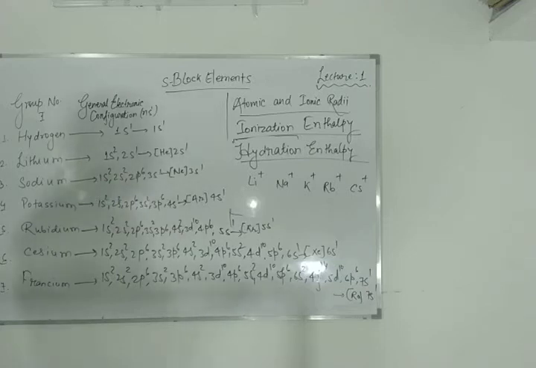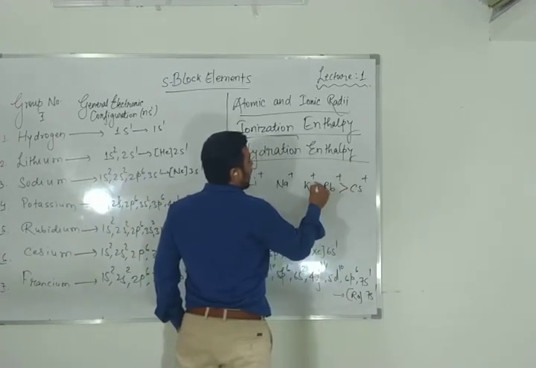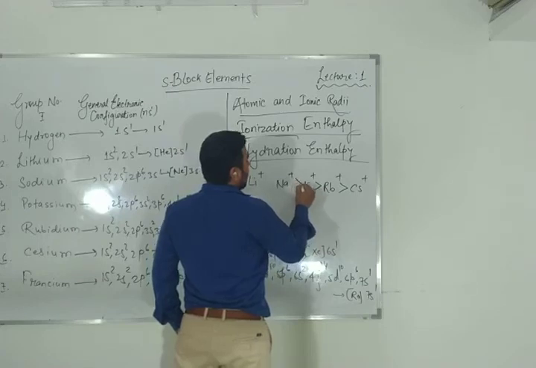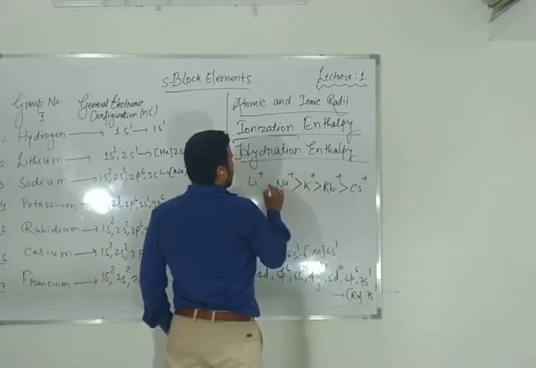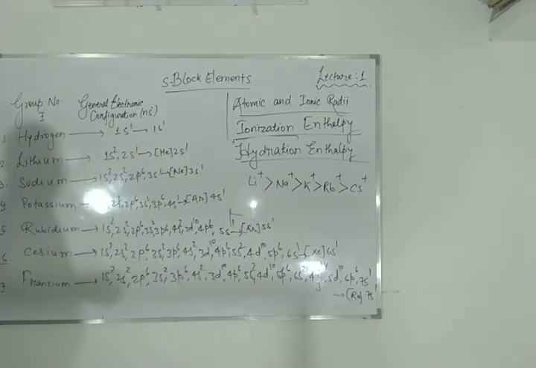So here the cesium hydration enthalpy is less than rubidium, rubidium is less than potassium, if they are in the ionic form. Similarly sodium and lithium.